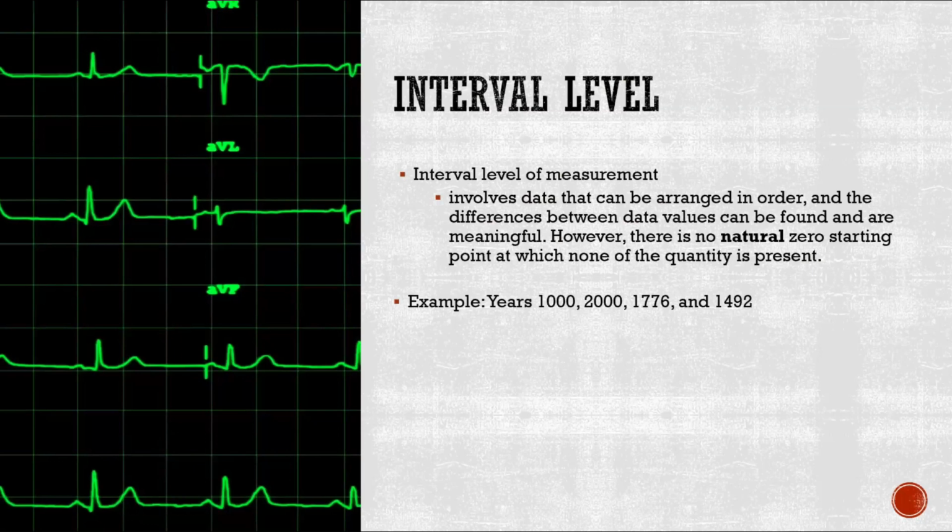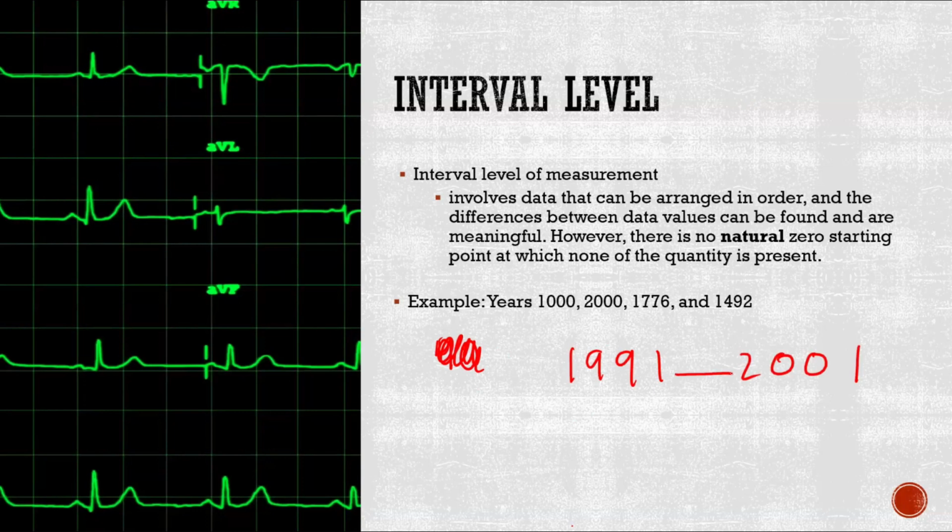Interval data is one where differences mean something. If I'm playing a game, if one player, well, that's not the best example. So years: what year it is, the difference between these two years is 10 years. The difference between these two dates is also 10 years.